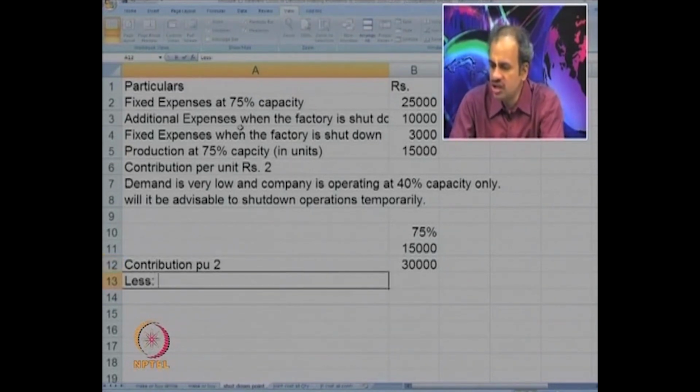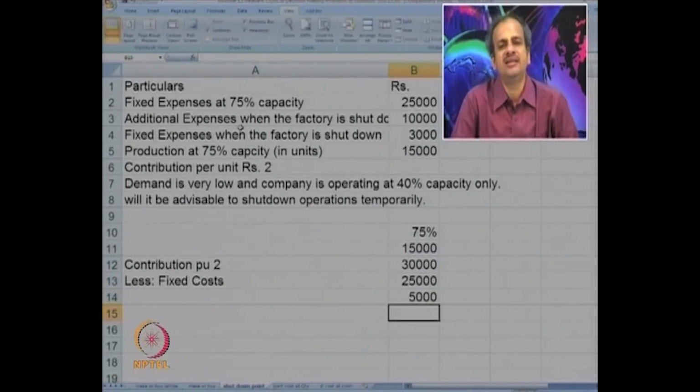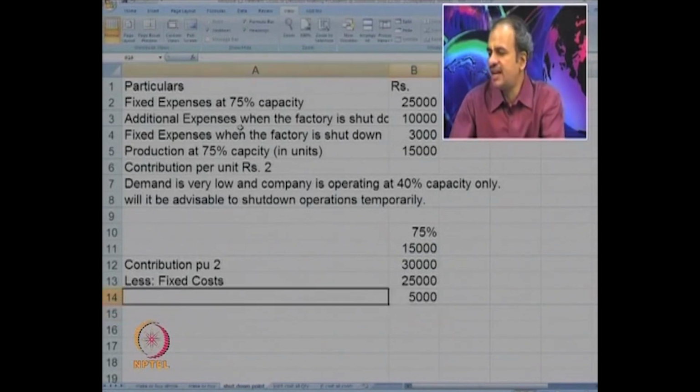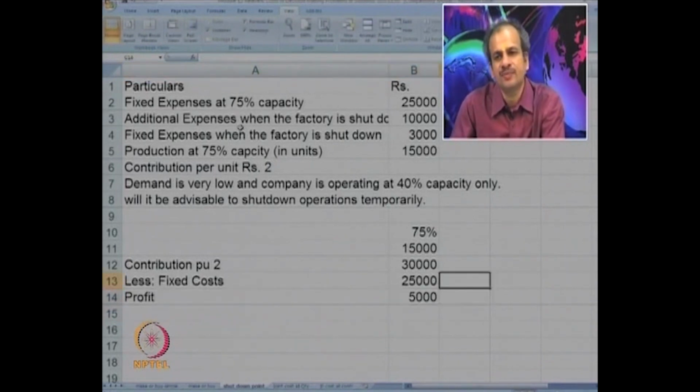From this contribution, we have to pay our fixed costs. And how much are the fixed costs? It is given that the fixed costs are 25,000. So at 75% capacity, the unit operates at a profit of 5,000. I hope it's clear to everyone.